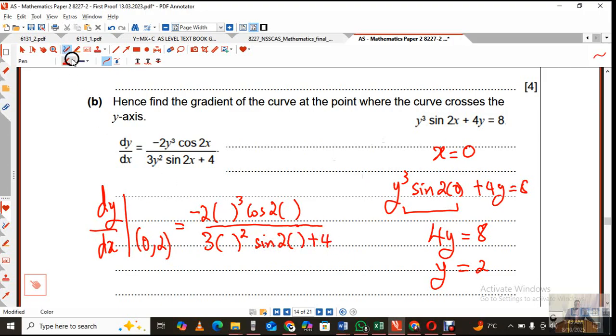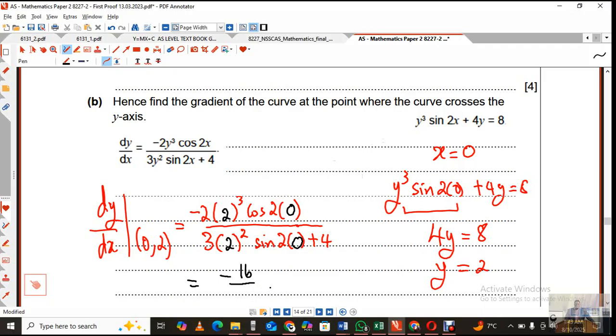So let's substitute our values. Our x value is 0, so that is 0 and that is 0. Our y value is 2, so that is 2 and that is 2. Now, cos of 0 is 1. So you have 8 times negative 2, which gives negative 16. Of course, you can always check with a calculator.